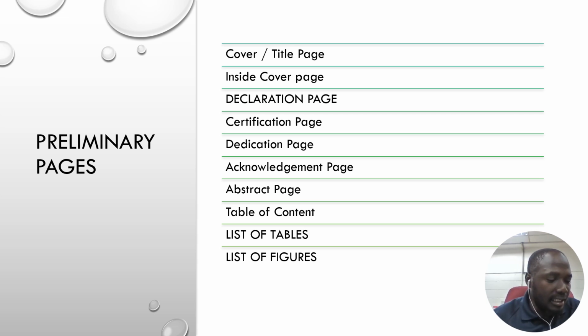So then next you write the title page, then the month of the year that you submitted under, for example, you write May 2024.